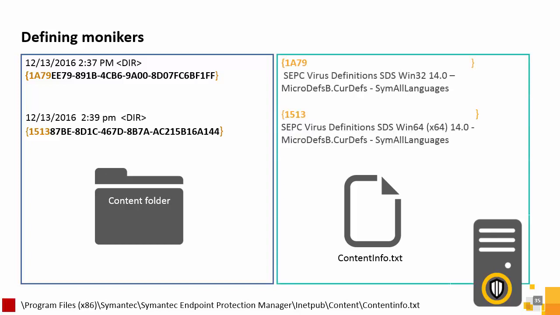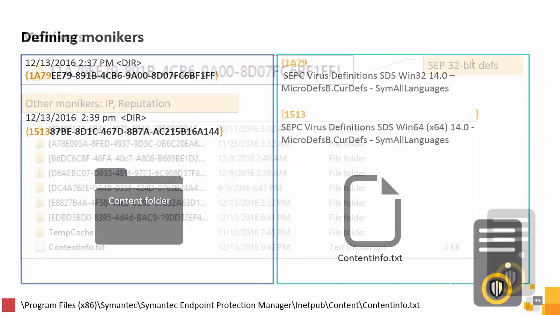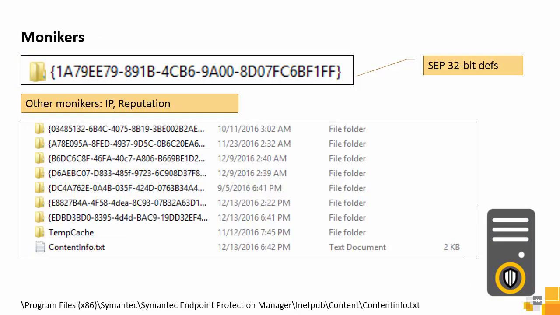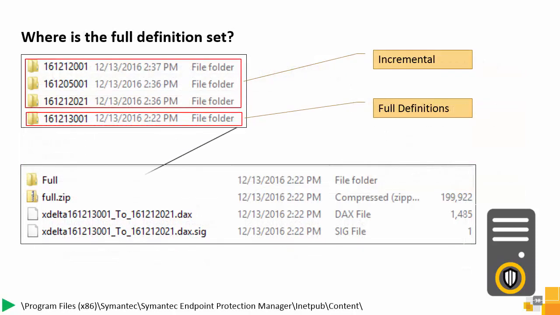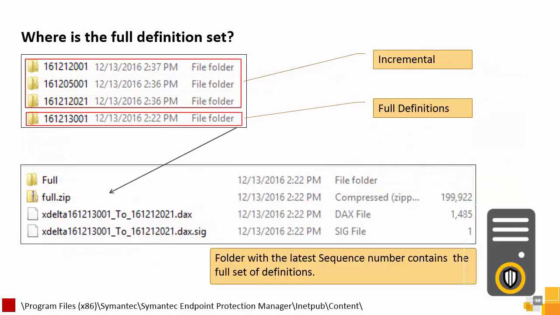You can define the name of each folder in the contentinfo.txt file. This slide shows where definitions are stored. This slide shows the folder relationship to stored definitions. This slide shows where the full definition set is stored.